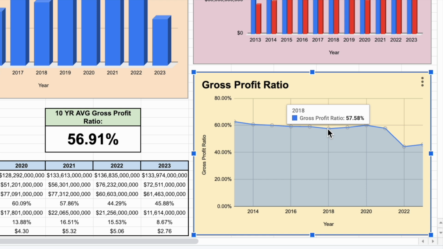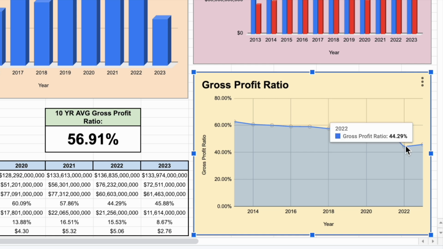In 2018, it was around 57.58%, and it stayed in that range for another few years. But if we look at the past couple of years, we can see 2022 gross profit ratio sitting at 44.29%, and in 2023 sitting at 45.88%. So that's not a good sign for the profitability of this company. Less and less of the revenue this company generates is finding its way to the bottom line.